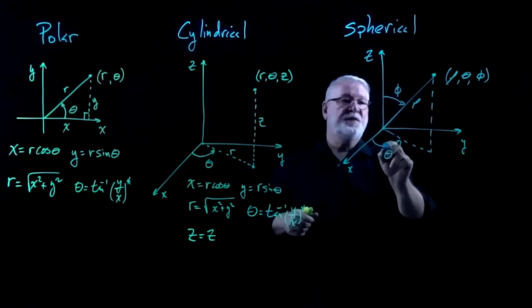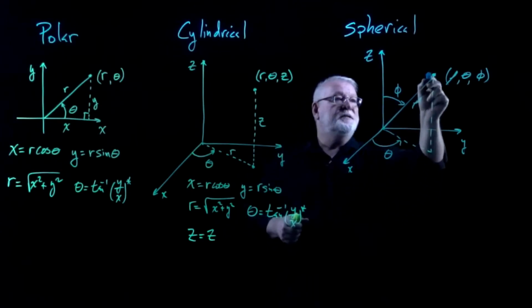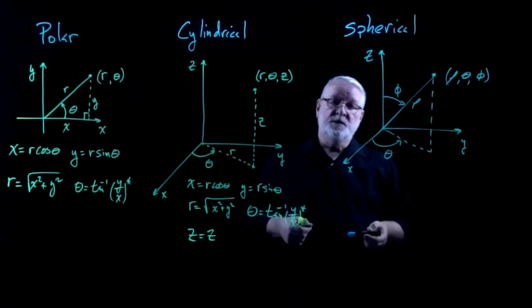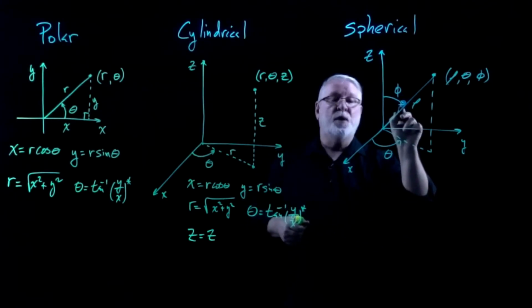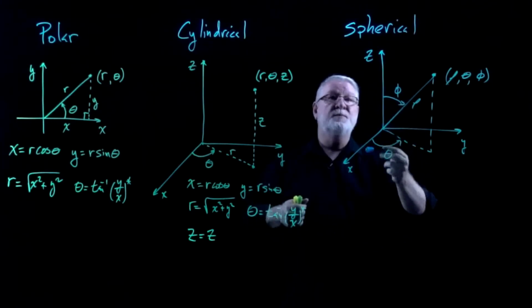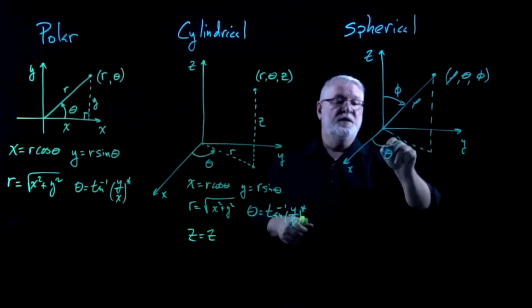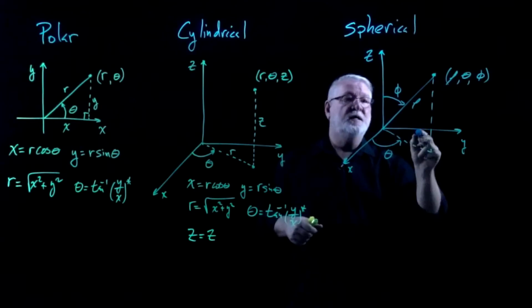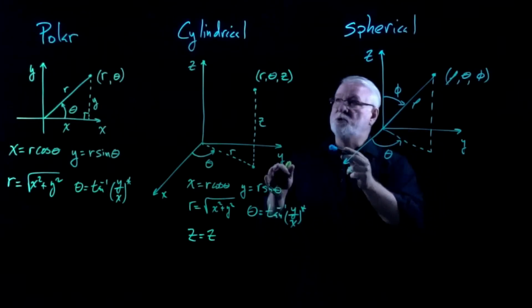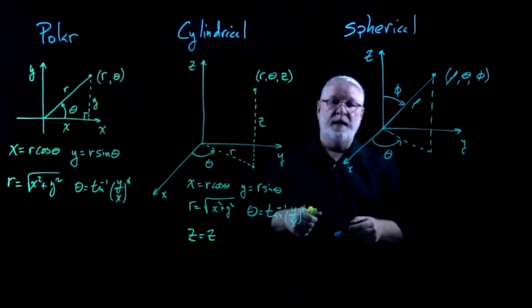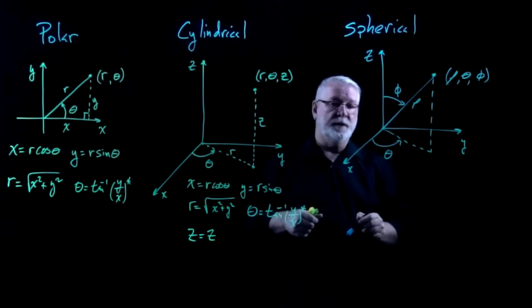So rho, theta, and phi define points in 3D such that all points lie on the surface of a sphere of radius rho, and hence the name spherical coordinates. Well, let's take a look at how rho, theta, and phi relate to the x, y, z axis. So just as we could for cylindrical and polar coordinates, we can convert things in and out of spherical coordinates.